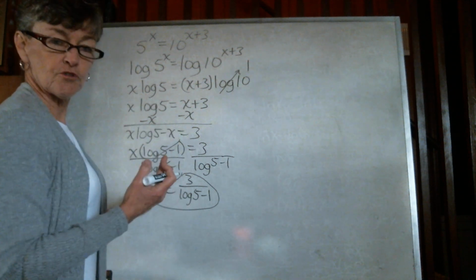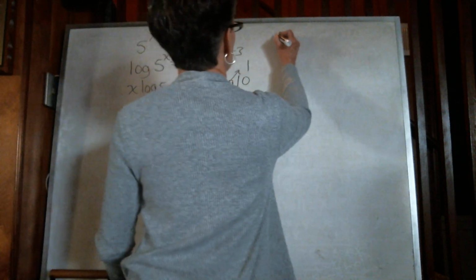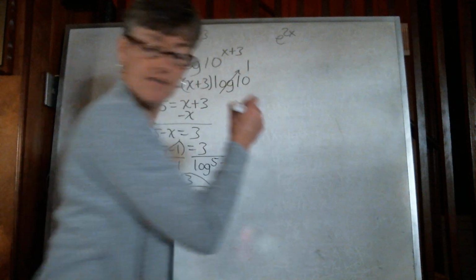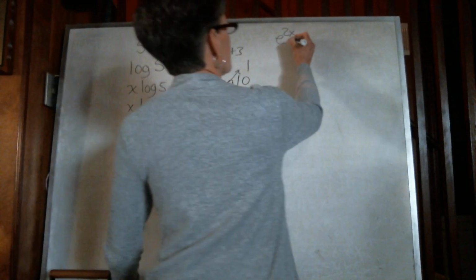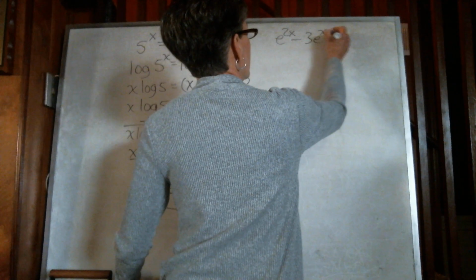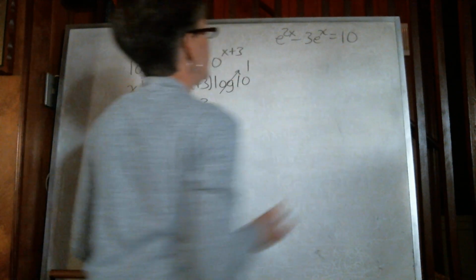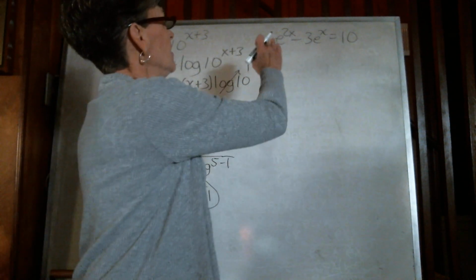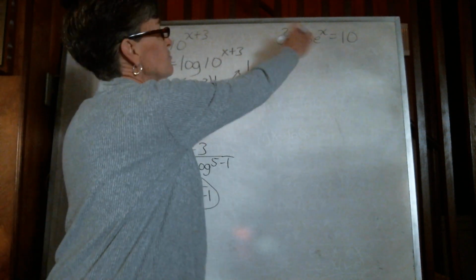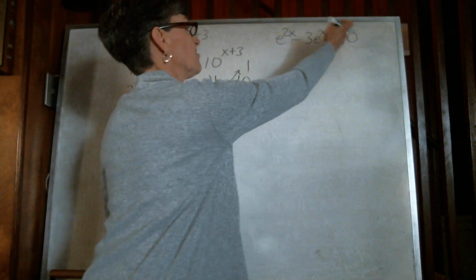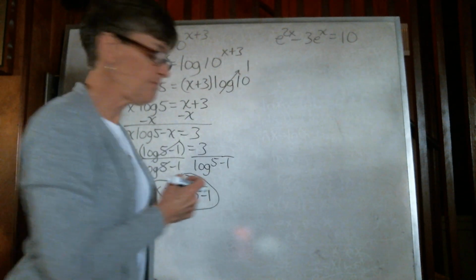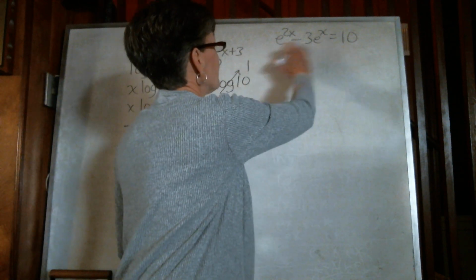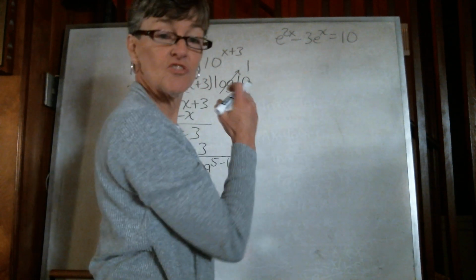All right, but here's another equation of a slightly different form. We've got e to the 2x minus 3e to the x equals 10. Now, this is a little more complicated because we have two terms with exponents, but we also have this other term that doesn't have the exponent at all. What you have to do in this problem is recognize that, first of all, these are different, but they're similar.